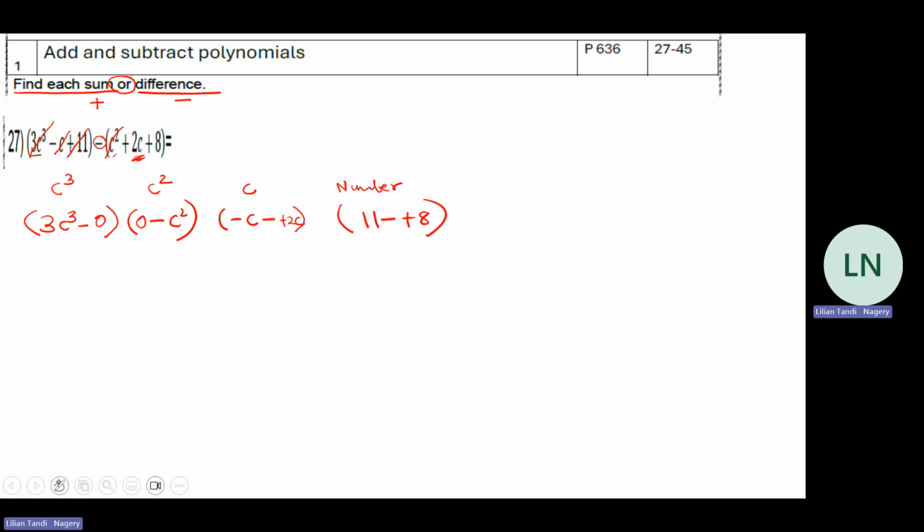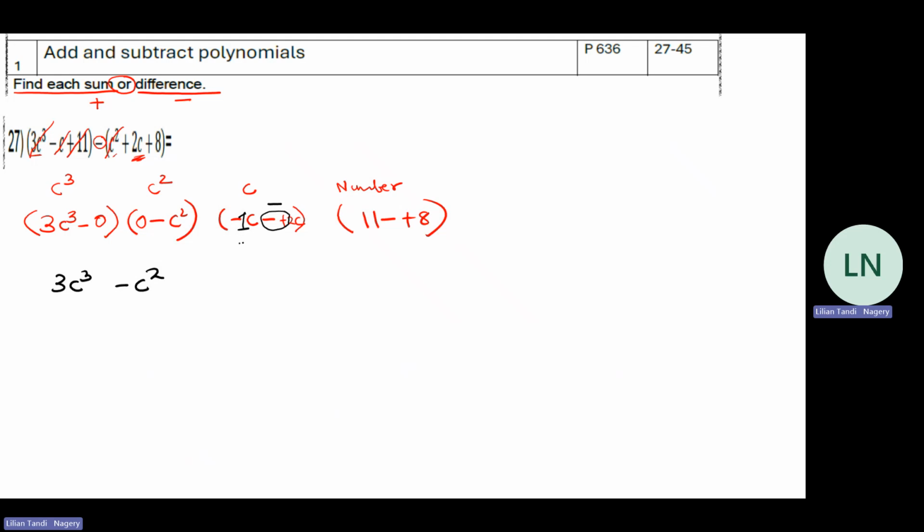Now, let us solve each bracket. Okay, so 3c cubed minus 0 remains 3c cubed. 0 minus c squared, that is negative c squared. Then negative 1 plus negative 1 minus positive 2. These two become subtract.